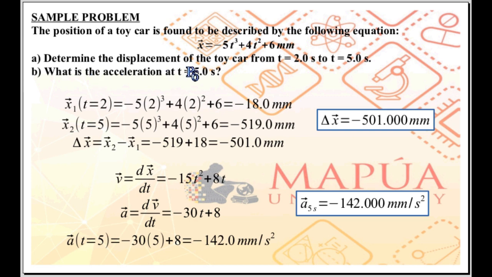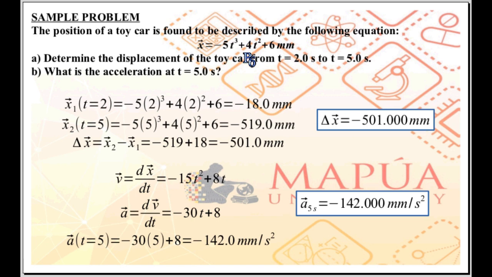Determine the displacement of the toy car from t equal to 2 seconds to t equal to 5 seconds. And a second question: what is the acceleration at t equal to 5 seconds? First, considering letter A, determine the displacement of the toy car from initial time to final time.